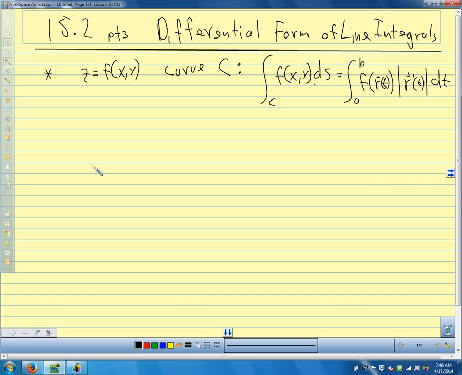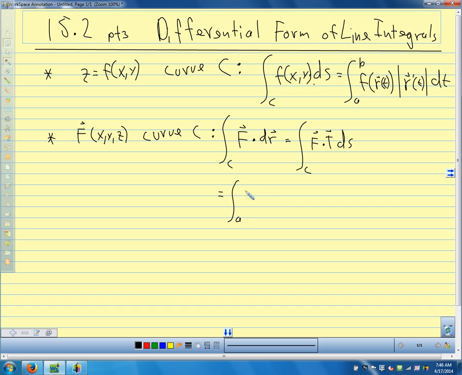And if we had a vector field, and we still have our smooth curve C, our line integral of our vector field, we wrote as the integral over C of f dot dr. We said that was also the integral of f dot the unit tangent vector ds, and we evaluated that by integrating from a to b.